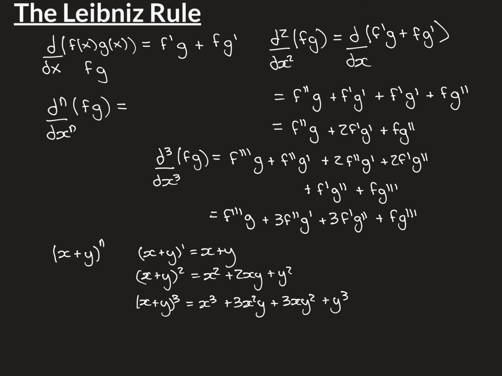This is the one where you've differentiated f twice and g once. This is where you've differentiated f once and g twice, and this is the final extreme where you differentiate g all 3 times and differentiate f 0 times. So we have this sum of every possible way that you can distribute the differentiation amongst f and g. And then the coefficients in front of here are going to be the binomial coefficients.